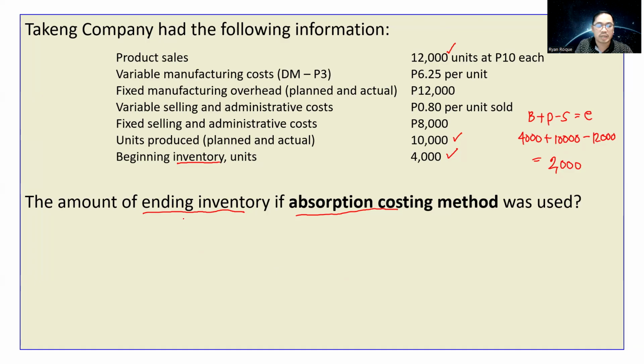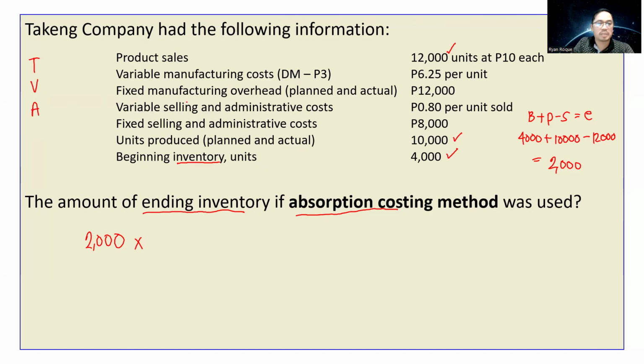Okay, so since we are asked for the ending inventory under absorption costing method for the amount, we have to multiply the ending inventory with the unit cost under absorption costing method. So at this point, let's just complete the data about the unit cost. So let's try to compute how much would be the unit cost under the throughput costing method, the variable costing method, and finally, the absorption costing method, which is actually being asked.